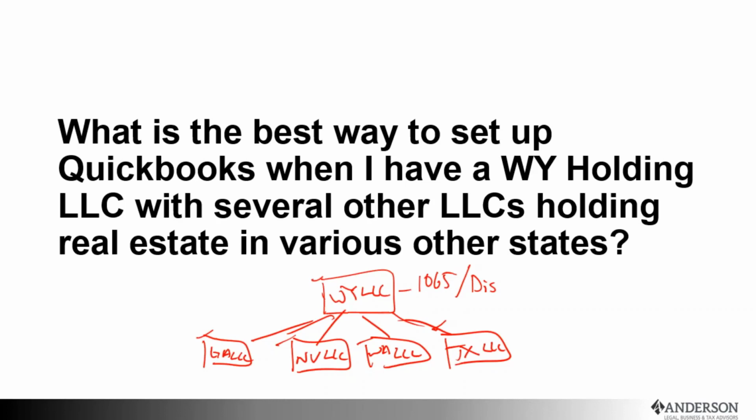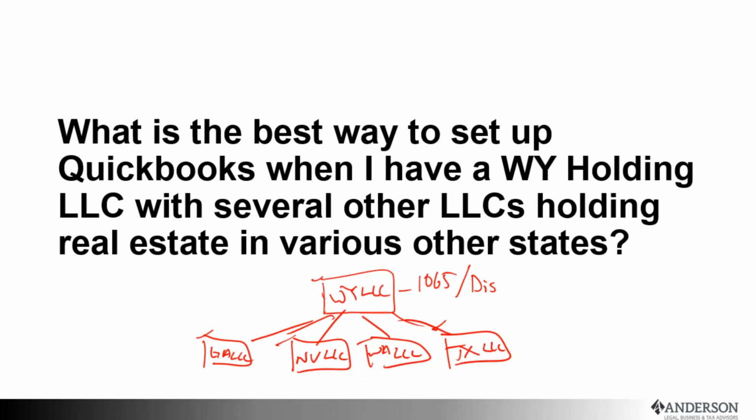All this income is going to flow from those bottom 4 up to the top one anyway. And while we need to keep the entities separate so we can report them that way, ultimately what we're reporting is what's coming through the whole kit and caboodle.